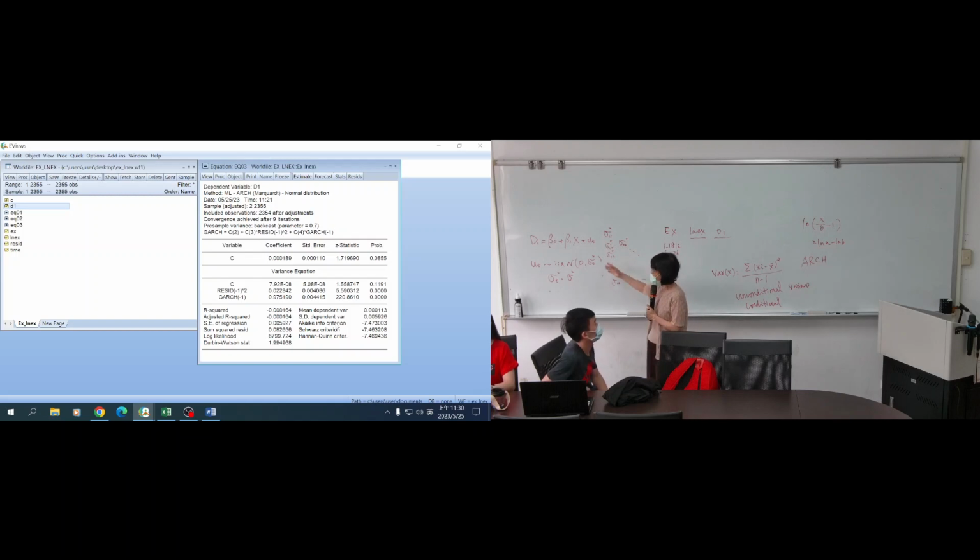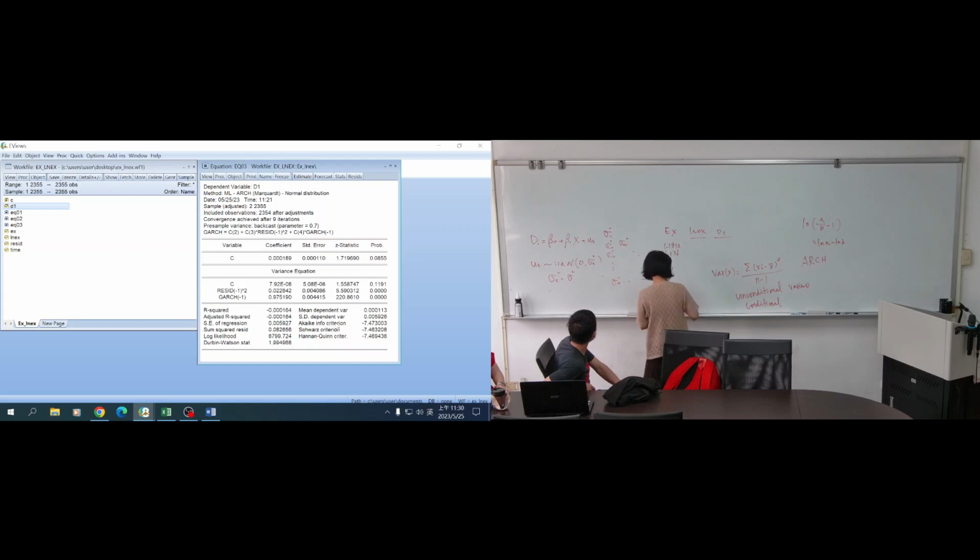Because the OLS doesn't do these parts. And OLS really considers it this way, and actually our data shows that it is not this way. It can be ARCH, it can be GARCH.